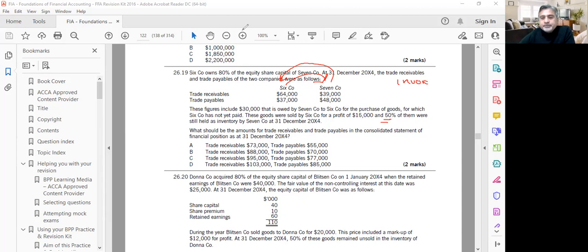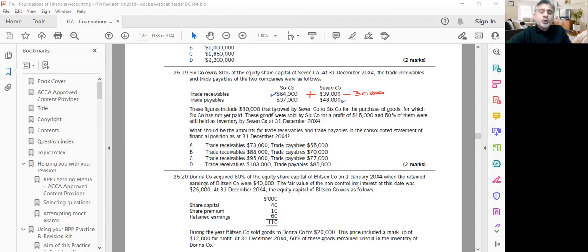So what you need to do is add up receivables minus 30,000, because this 30,000 is lying here. It is receivable of 6 company, and this 30,000 is also lying here. It is payable of 7 company.